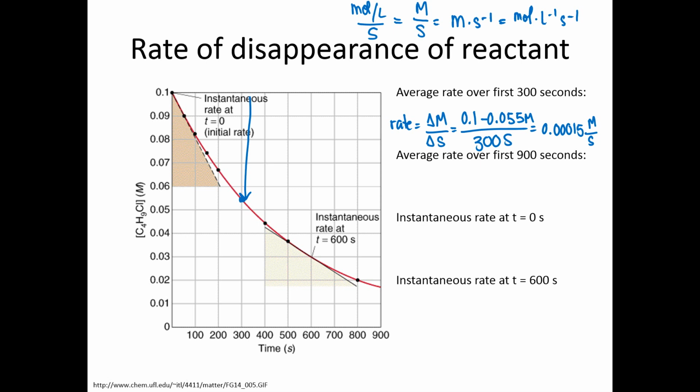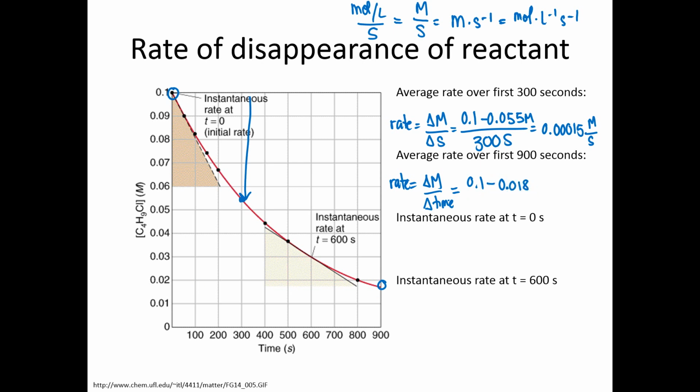So now let's look at the average rate over the first 900 seconds. This is still an average rate. You're just looking at the overall change in molarity divided by the change in time. And it looks like the change in molarity goes from 0.1 at the beginning to, let's call this 0.018.